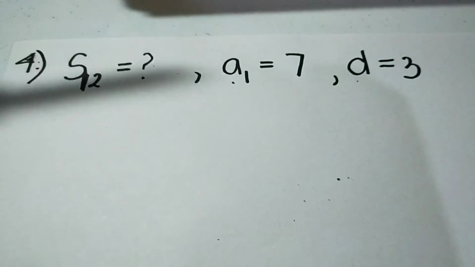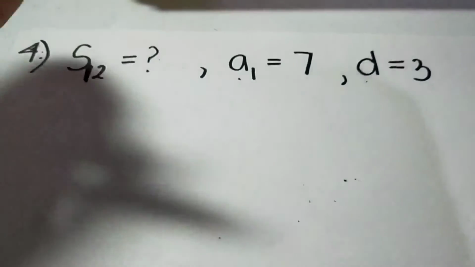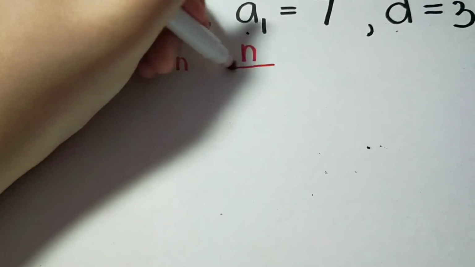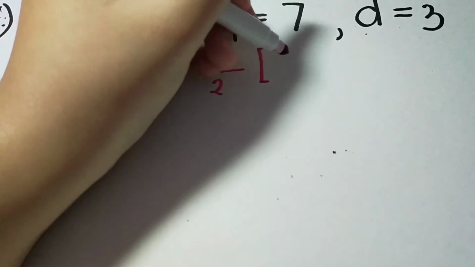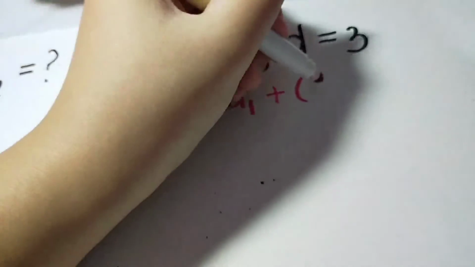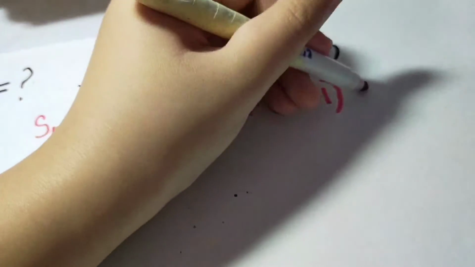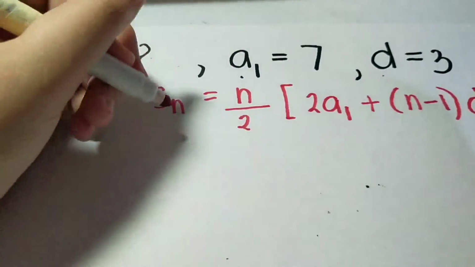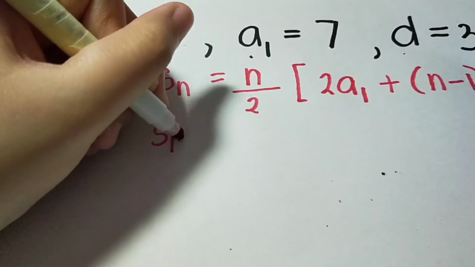So obviously, yung second formula yung gagamitin natin. So S sub n is equals to n over 2 times the quantity of 2a sub 1 plus n minus 1 times d. So yung S sub n natin ay yung missing. So S sub 12.